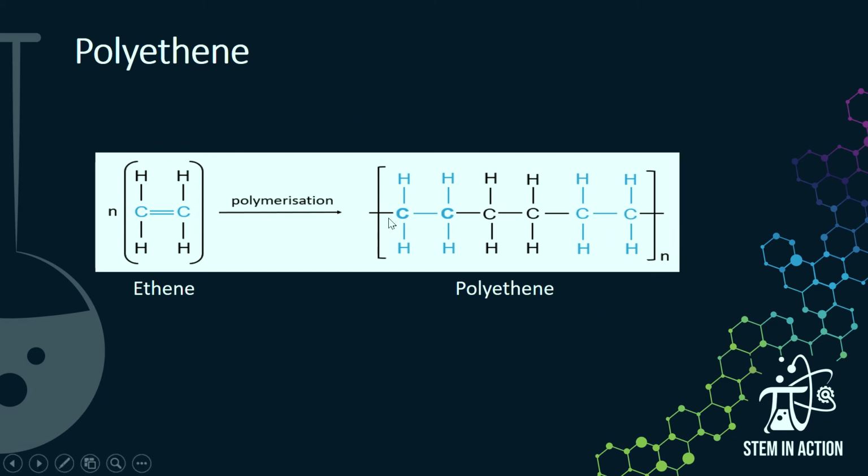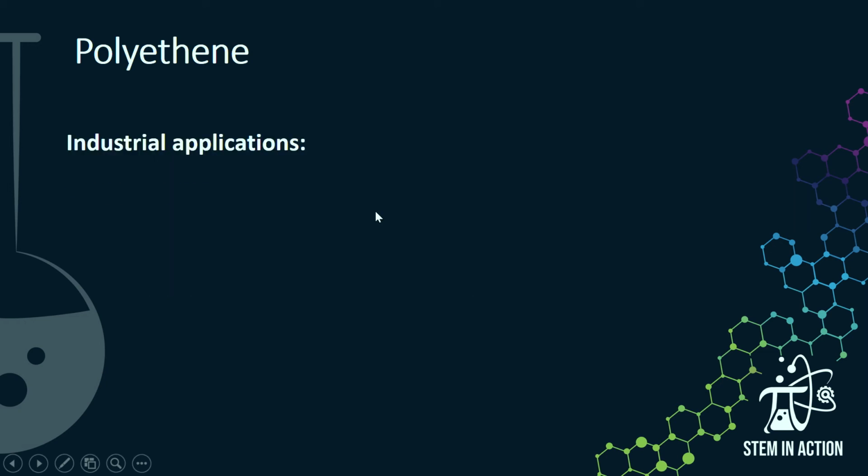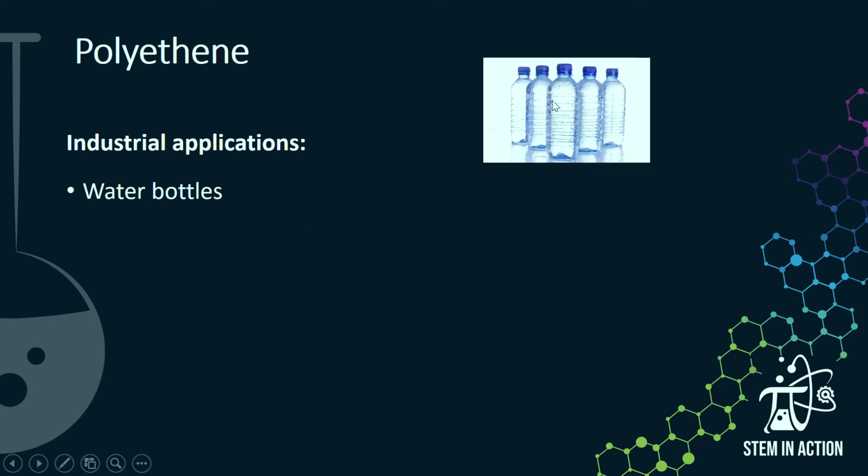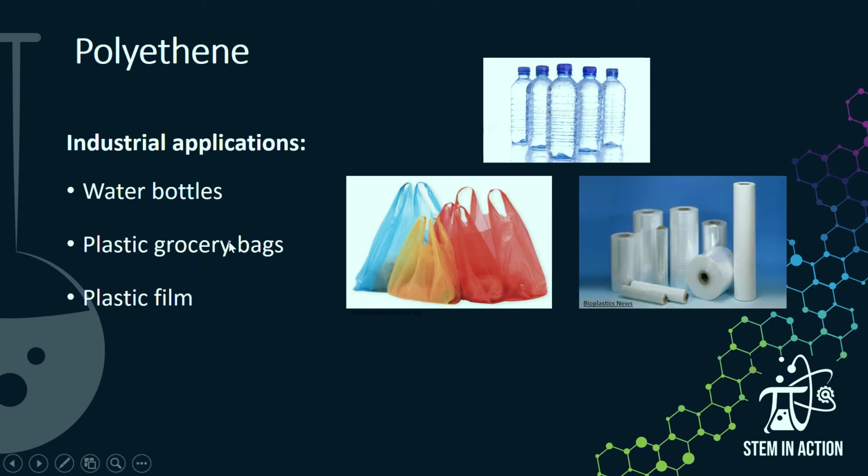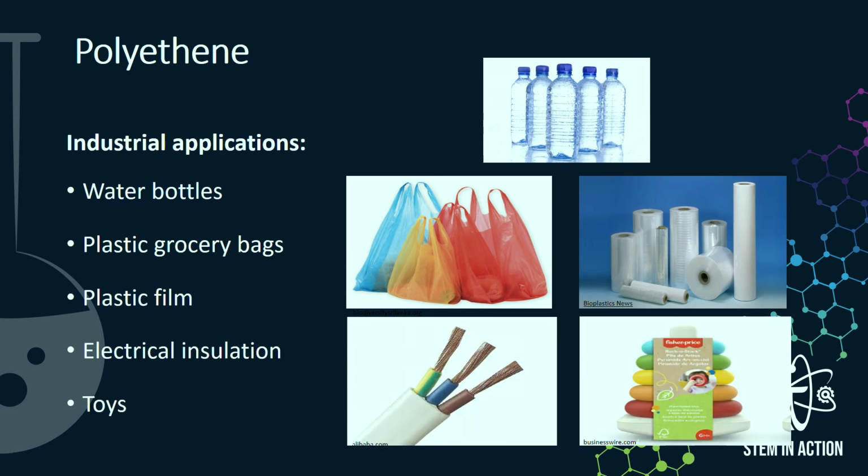Displayed here is again an addition reaction that we have looked at already. But now we're going to look at some of the industrial applications of this polymerization reaction. So most water bottles are formed from polyethylene, plastic grocery bags, polyethylene, plastic film, industrial installations, and toys, right?